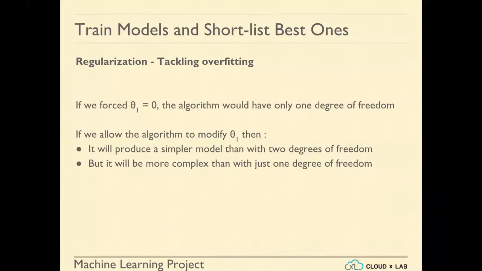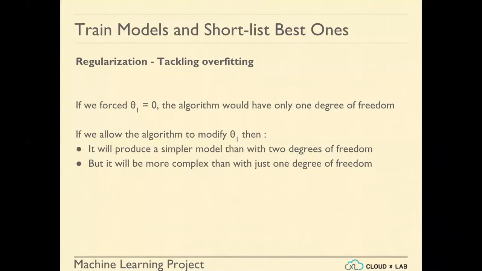Okay, the second sentence is a bit wrong. It'll produce a simpler model than the one with two degrees of freedom. With two parameters, theta 0 and theta 1, it can tweak both, right?